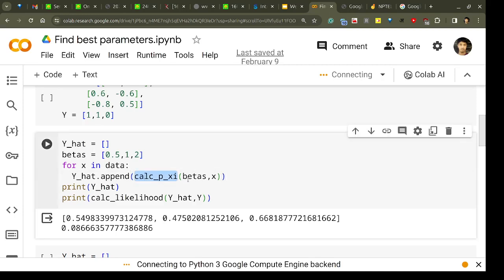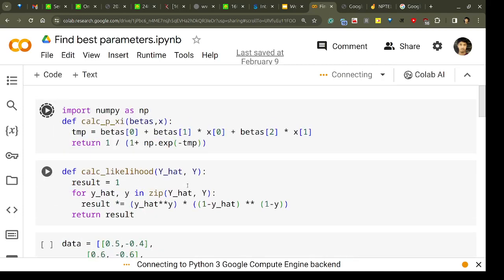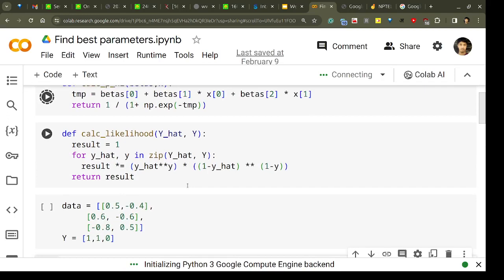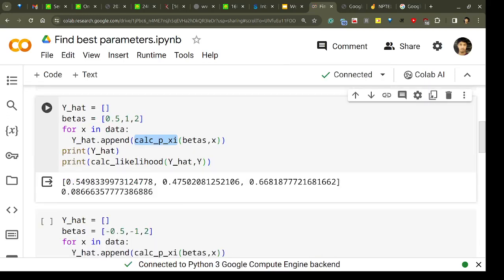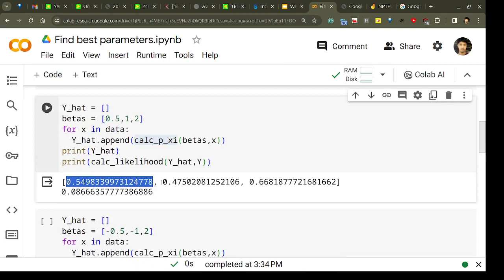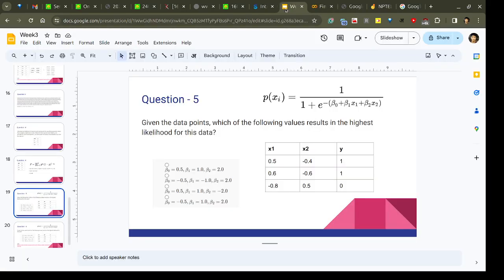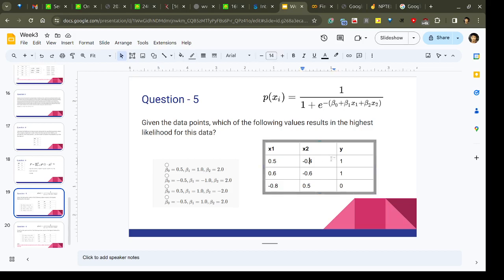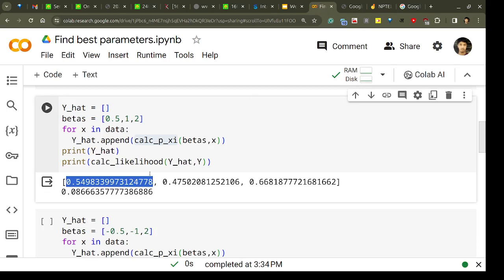Yes, we are calculating the p of xi here. After calculating the p of xi, we are getting these three values. Okay, 0.5498, so this one is for the first one. Basically here we have x1 x2, and for that with these beta values we are getting the p of xi value for the first row.